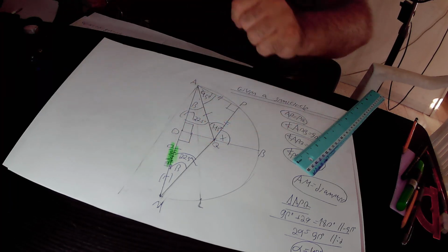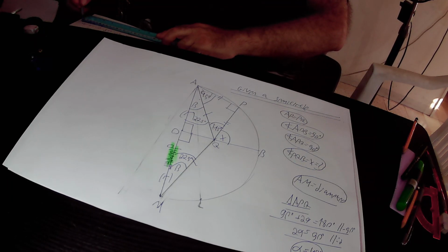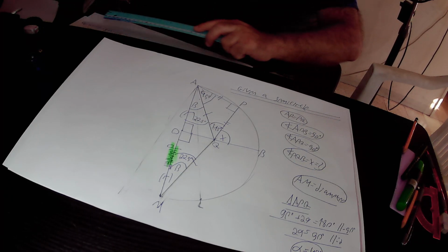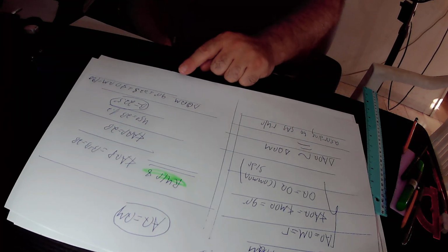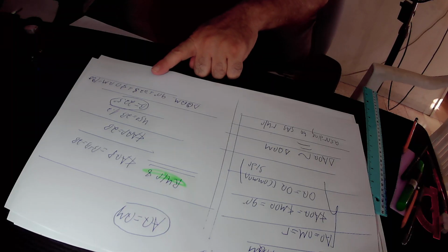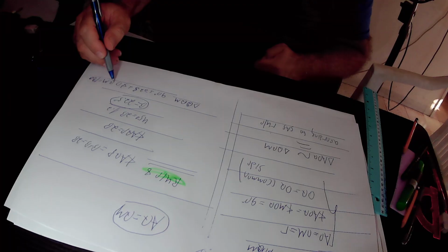So the sum of those angles must be equal to 180 degrees according to the rule that says that the sum of the angles in a triangle is equal to 180 degrees. I repeat again, in the right triangle OQM, 90 degrees plus 22.5 degrees plus the missing angle OQM, in total it must be equal to 180 degrees.